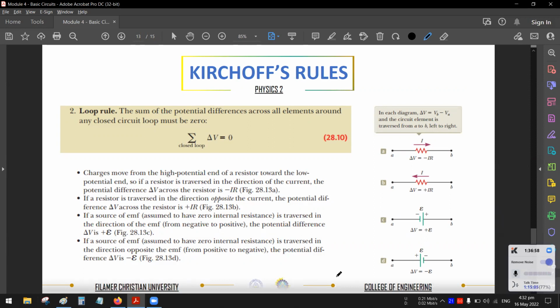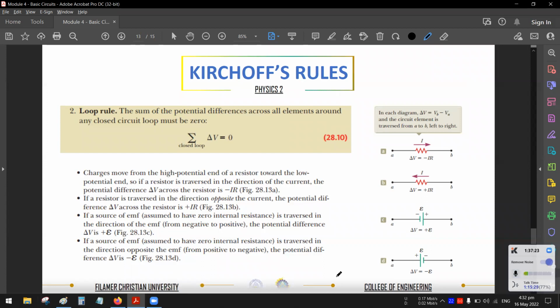So, complex networks containing many loops and junctions generate a great number of independent linear equations and a correspondingly great number of unknowns. Such situations can be handled formally through the use of matrix algebra. Ayan. So plus minus lang kita diri. Plus minus inverse and so on.